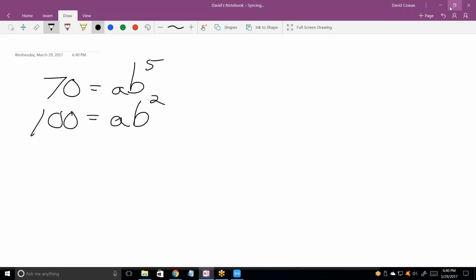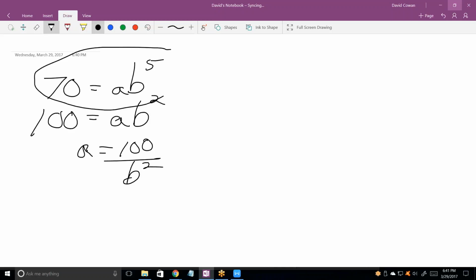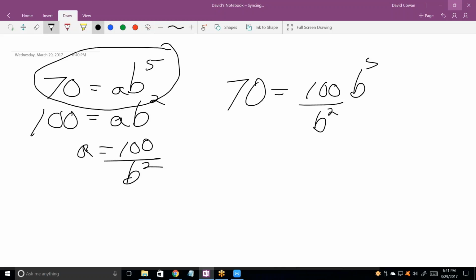Okay. Let's take the second one. If I solve the second one for a, what do I get? A equals 100 divided by b squared. Now go into this and substitute what we just solved for a. So we got 70 equals, and instead of a, I'm going to write 100 over b squared times b to the 5th.